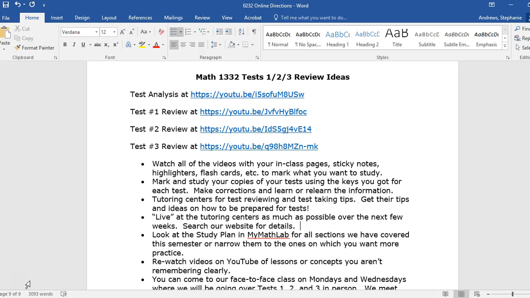I'd do the same thing with test 2. Maybe look at this review you see on YouTube and then go look at what your test 2 is and the answer key for test 2, and just really think on it, study, do different things with that. Like I'm going to mention sticky notes and highlighters and markers. Just really saturate your brain with the information in these tests.